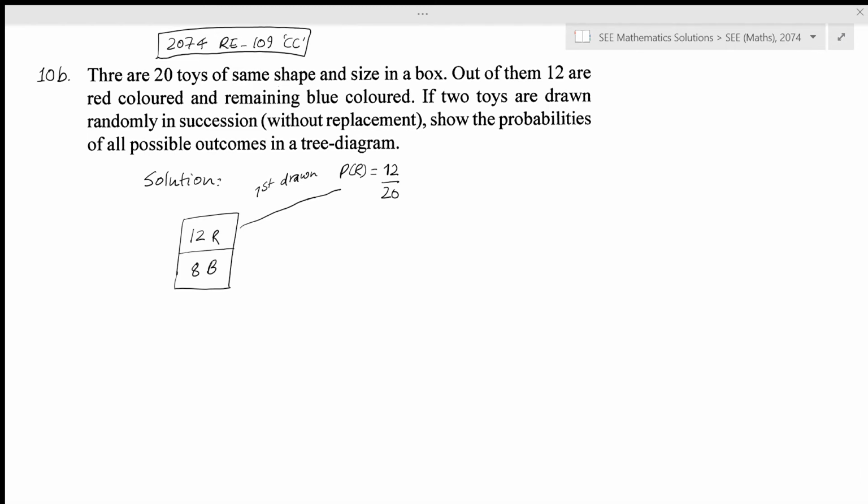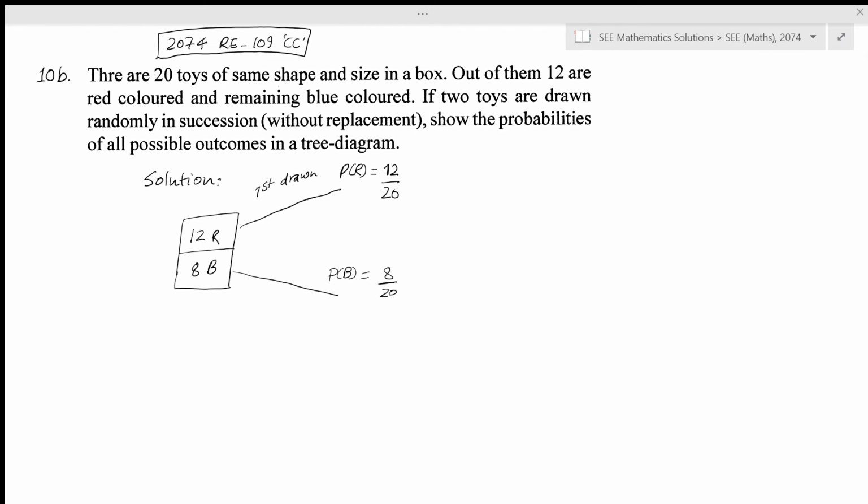But if we draw blue in the first draw, the probability of blue will be 8 by 20, for the same reason, because we have 8 different options for the blue one. And if we add these two, it should make 20 out of 20.